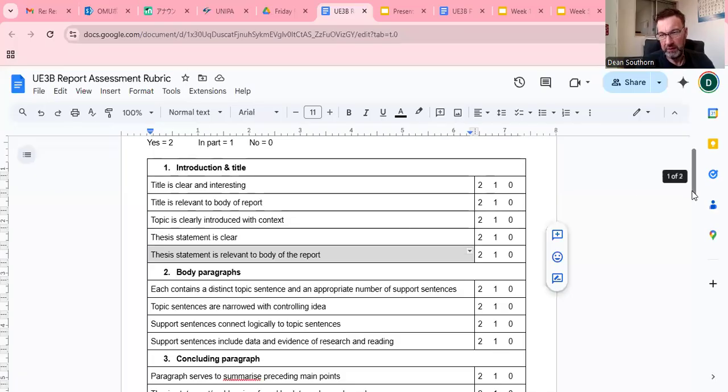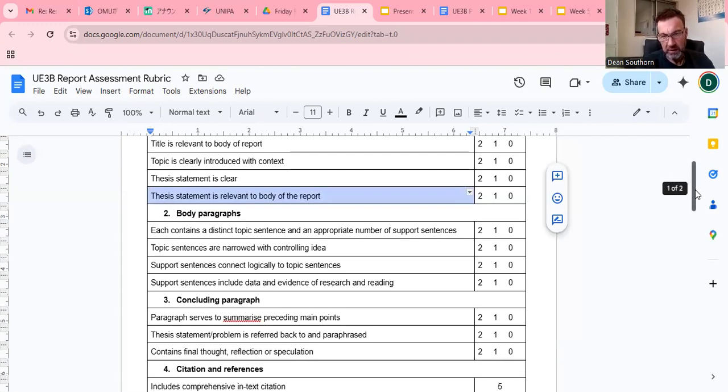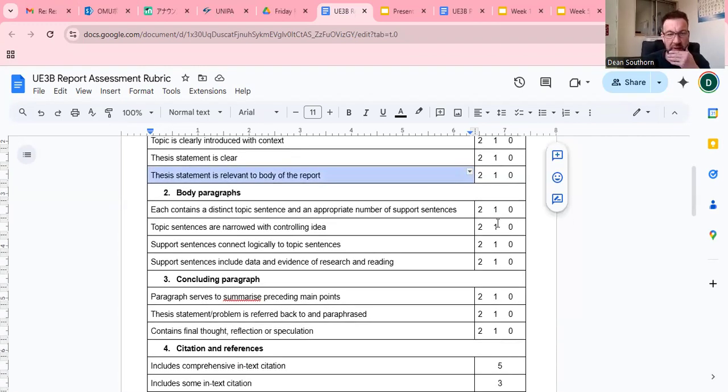Right, moving on to the next area, the body paragraphs. In this assessment, there are 4 points, so 8 points for this. Remember, basics of academic writing: firstly, you need to use paragraphs.